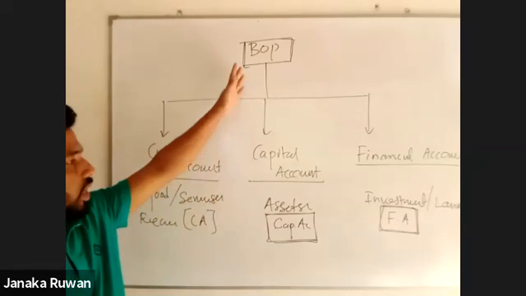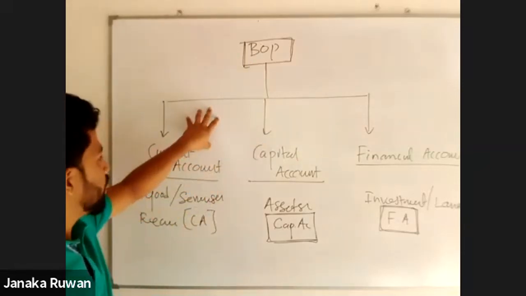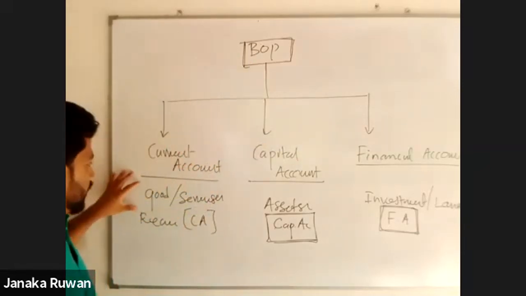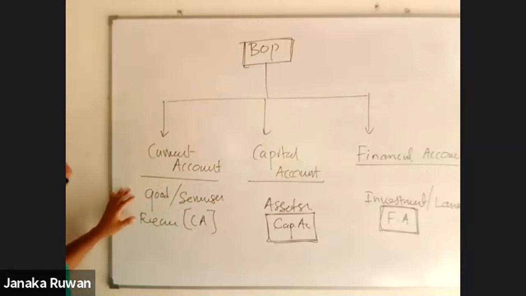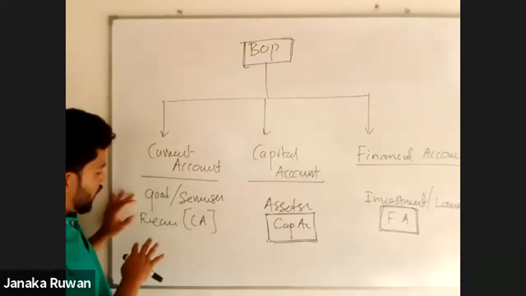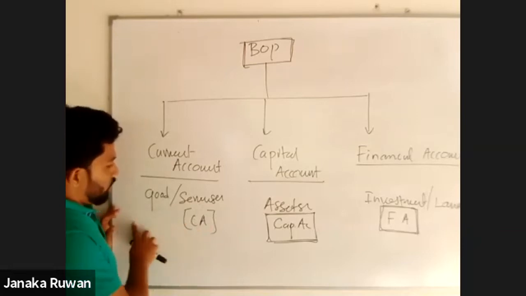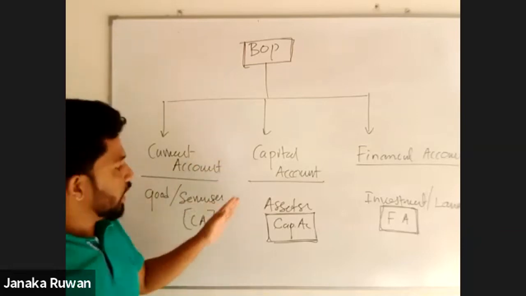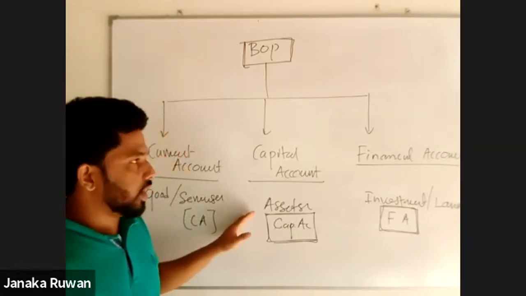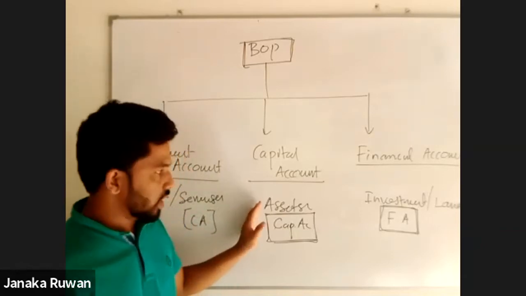The balance of payment can be divided into three main parts. The first is the current account, which records goods and services transactions, that means imports and exports of goods and services. The capital account records transactions between non-residents and residents.